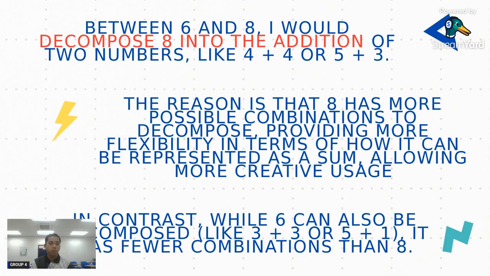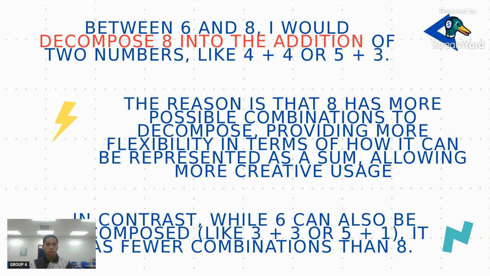So the answer for this question is between 6 and 8, I will decompose 8 into addition of two numbers, like 4 plus 4 or 5 plus 3. The justification for the chosen number is because 8 has more possible combinations to decompose, providing more flexibility in terms of how it can be represented as a sum, allowing more creative usage.